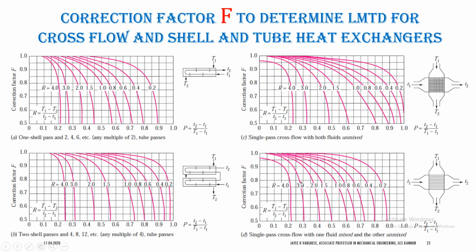We will have only 4 charts. One more thing: what will be the case if there is one shell pass and one tube pass? In that case, we can assume it as a counterflow heat exchanger and calculate LMTD based on that. That's why the chart for it is not given here.